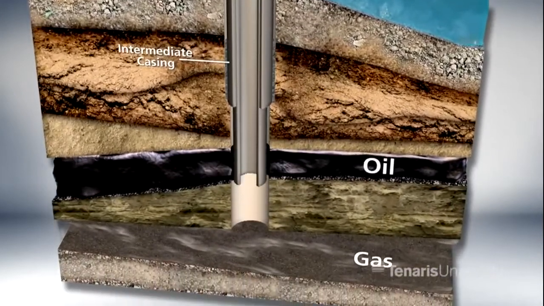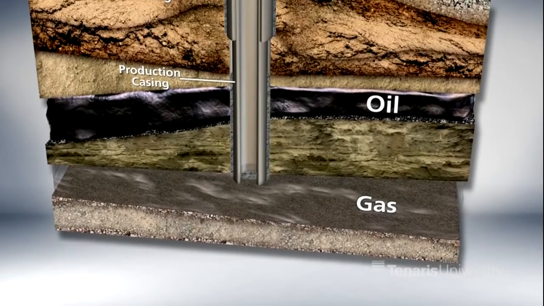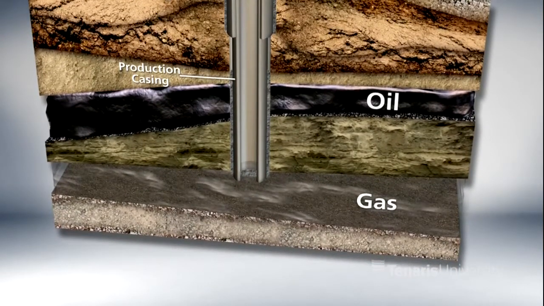Continuing our drilling, we have another string that is the production casing, which is set in front of the productive interval of the well. And now you can see why the intermediate casing previously run is not in contact with the tubing. The production casing is always set facing the tubing.